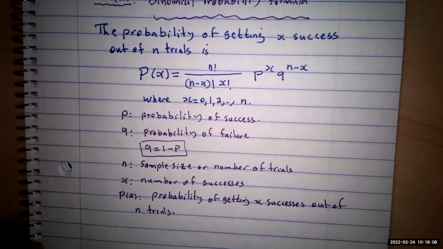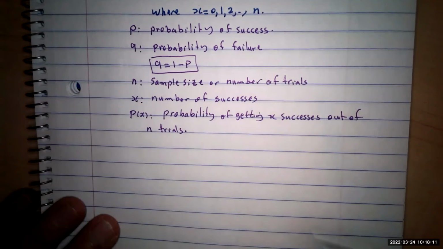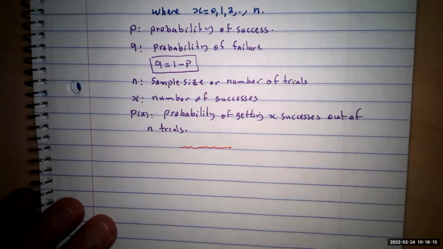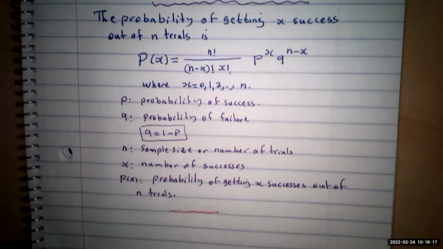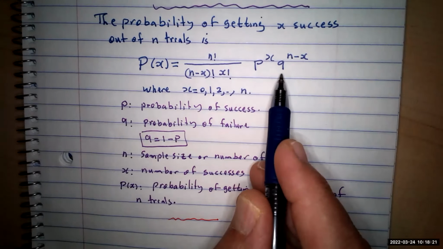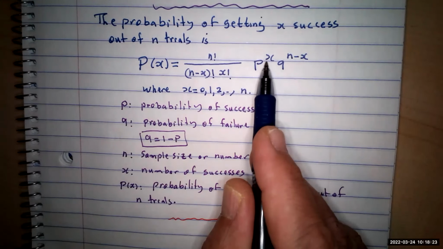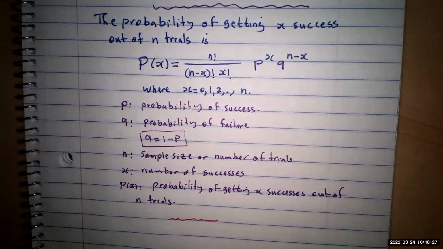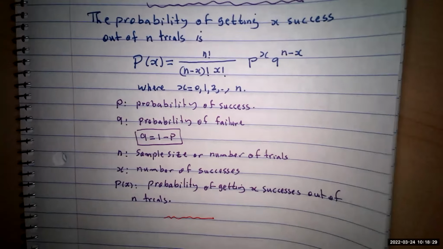Let me give one example to see how we're going to take care of the binomial distribution case. Any question? So get this formula: P probability of success, Q probability of failure, X the number of successes, and N the total number of tries or sample size. Let's give you an example, then you realize how we're going to apply this formula.